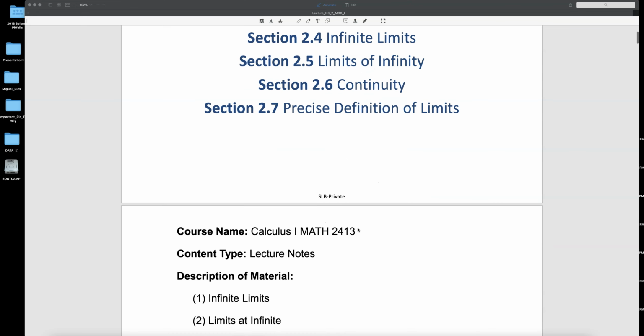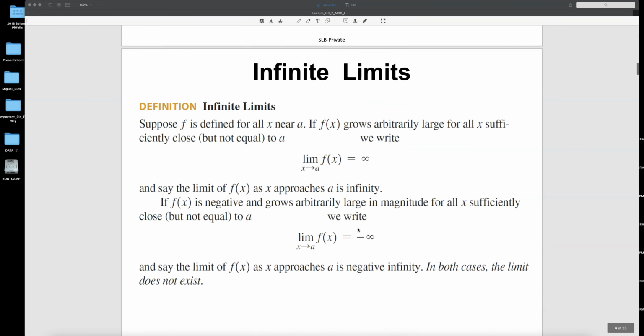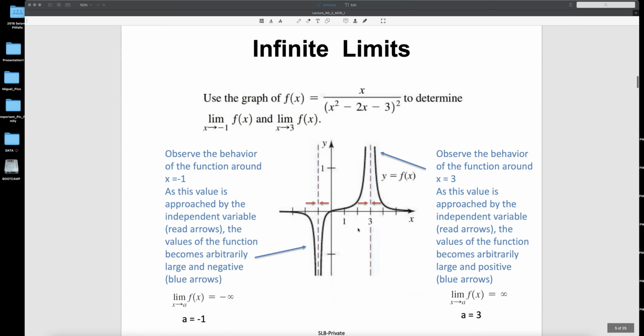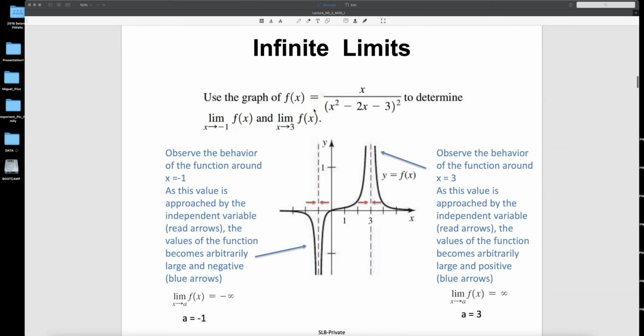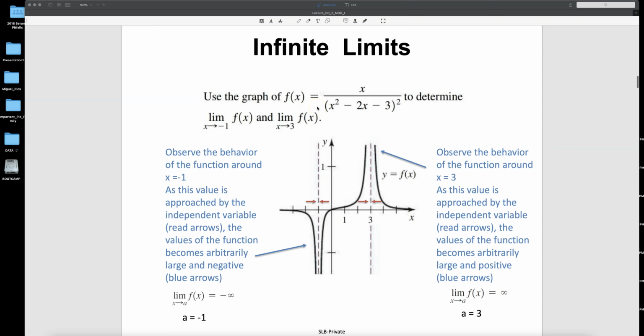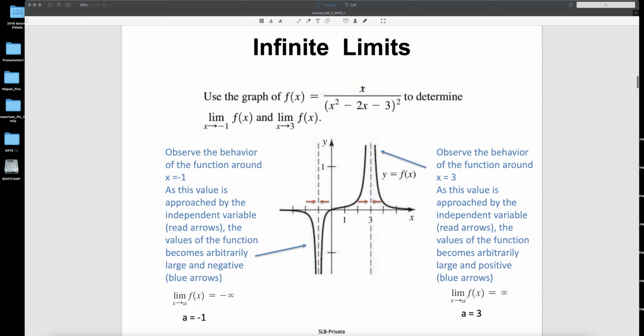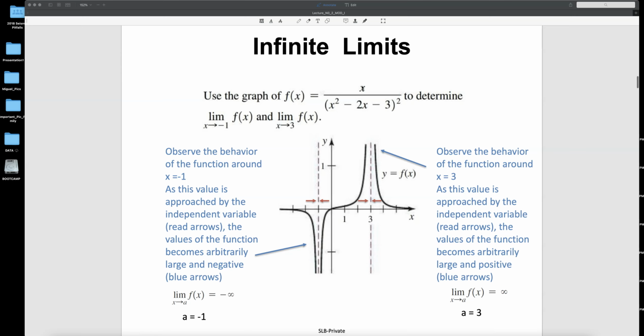Okay, so let's start with this example that I show here in the lecture. We have this function, which is a rational function, the ratio of two polynomials. The numerator is a monomial, x, of degree 1.